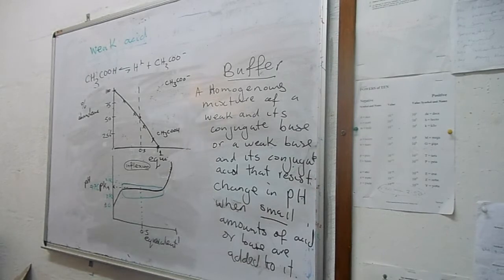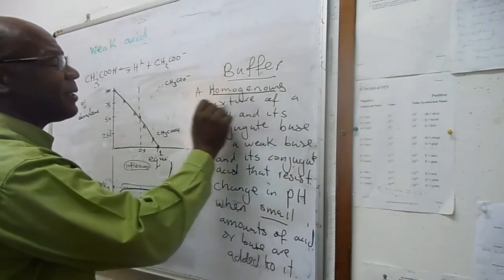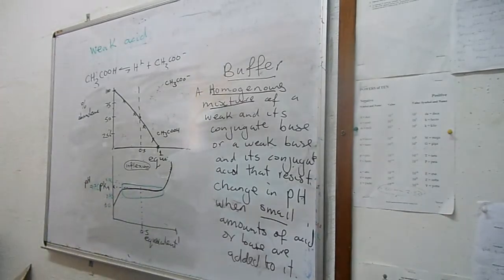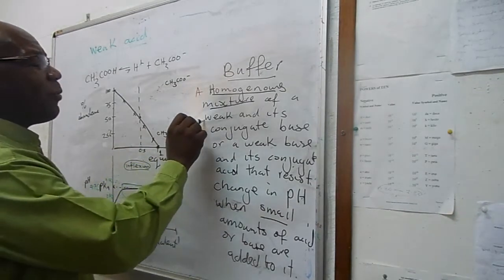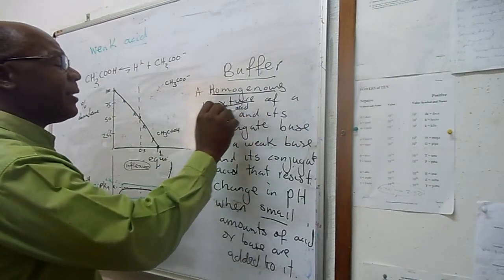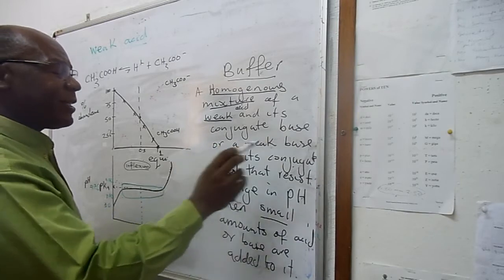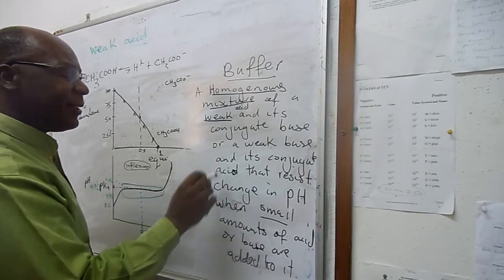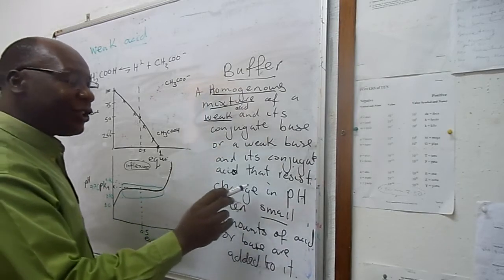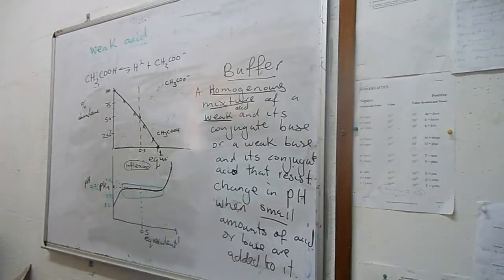So the full definition is that it's of course a homogeneous mixture of a weak acid and its conjugate base, or a weak base and its conjugate acid that resists change in pH when small amounts of the acid or the base are added to it.